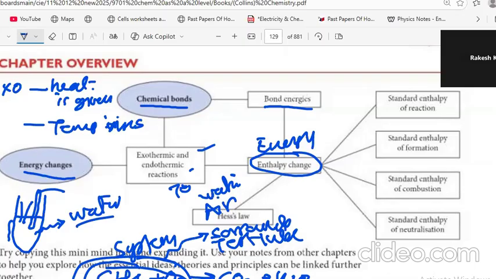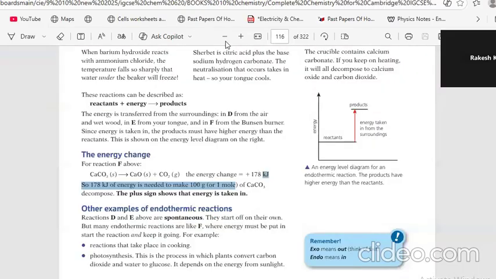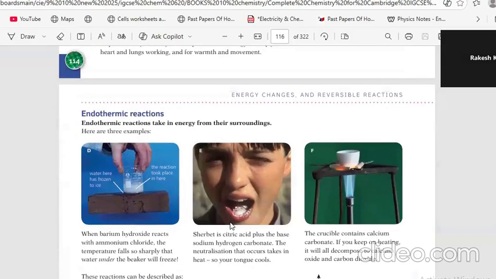Now, endothermic, the opposite happens. So he gives you this reaction, where you have barium hydroxide and ammonium chloride, and the temperature falls so sharply that the water under the beaker will freeze. So what is happening?